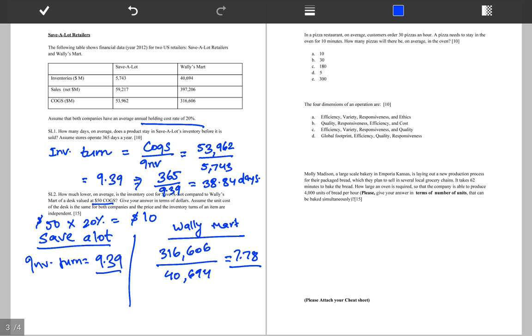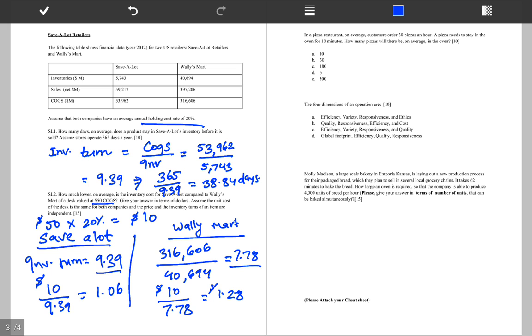The holding cost is $10 per year, so the per unit cost is just 10 divided by 9.39, which is 1.06, whereas here the holding cost is $10 divided by 7.78, which is 1.28.